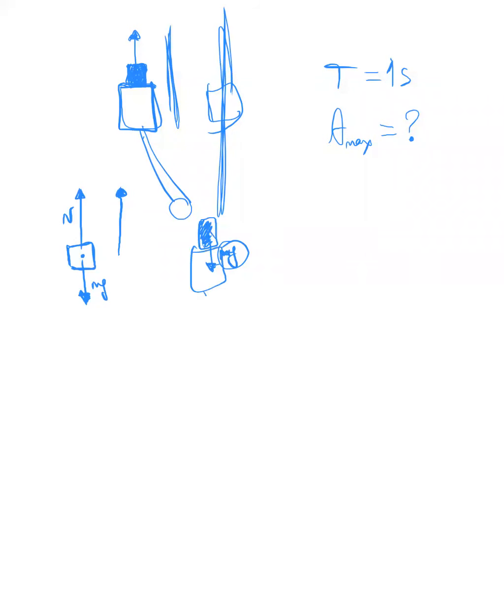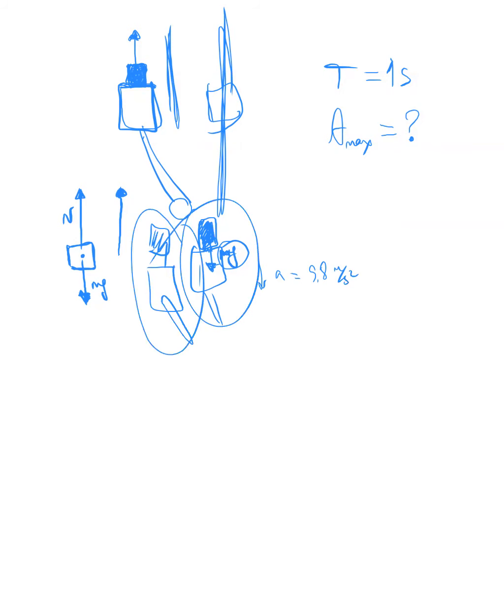If the piston moves down faster than with the acceleration of 9.8 meters per second squared, then the block will not be able to catch up because there is no glue gluing them together, and it will hang in space behind the piston while the piston moves down. So once you figure this out, then it's easy to solve this problem.